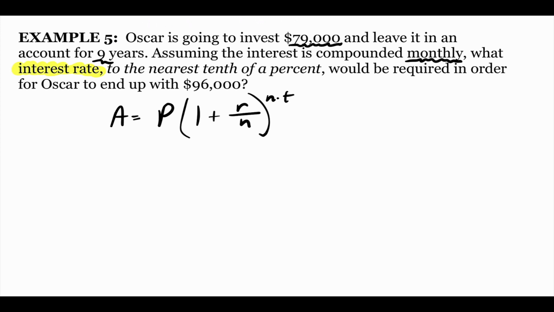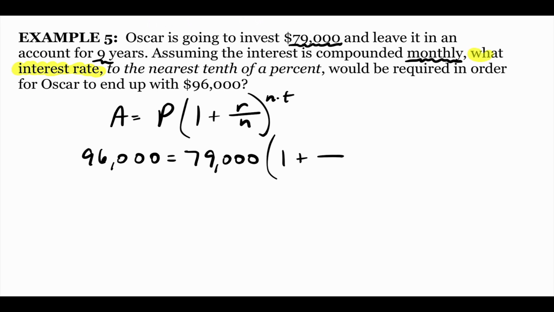We're going to fill in what we know, and what we don't know, we're going to solve for. A is the amount at the end, $96,000. P is how much to start with. He said he's going to start with $79,000. 1 plus R. That's what I'm trying to find, right?